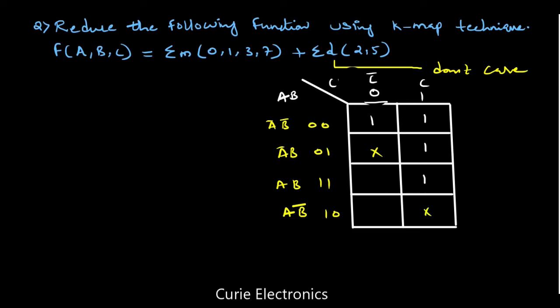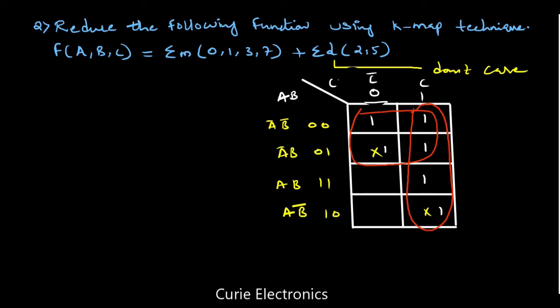Now if I consider this x, that is don't care, I can take it as either 1 or 0. If I consider it as 1, it is better, so that I will get a group of 4. If I get a group of 4, then it is easy to simplify.